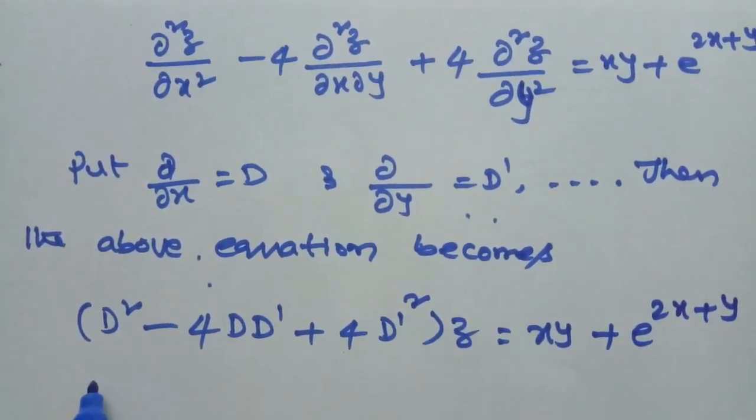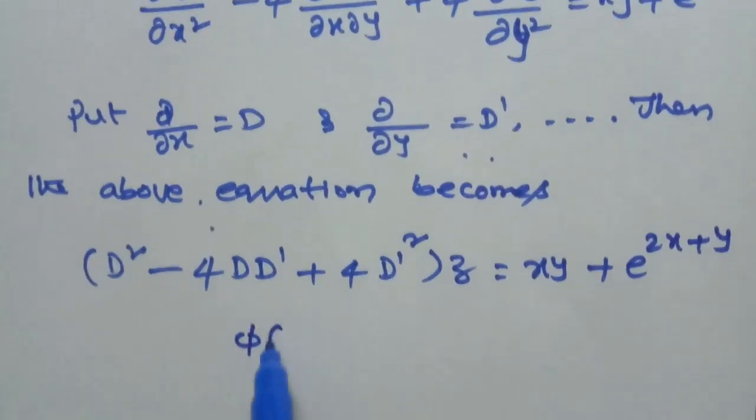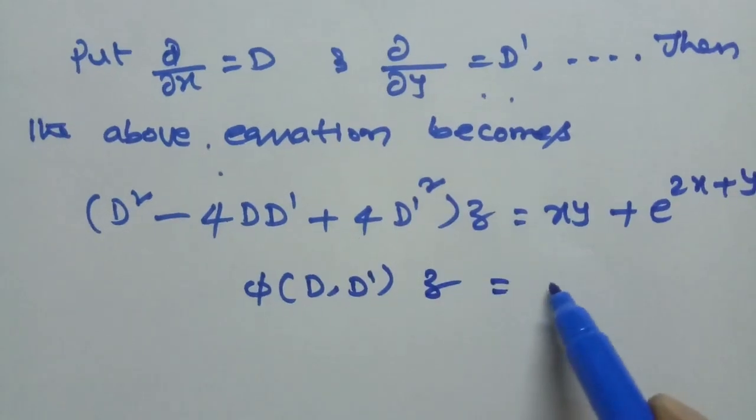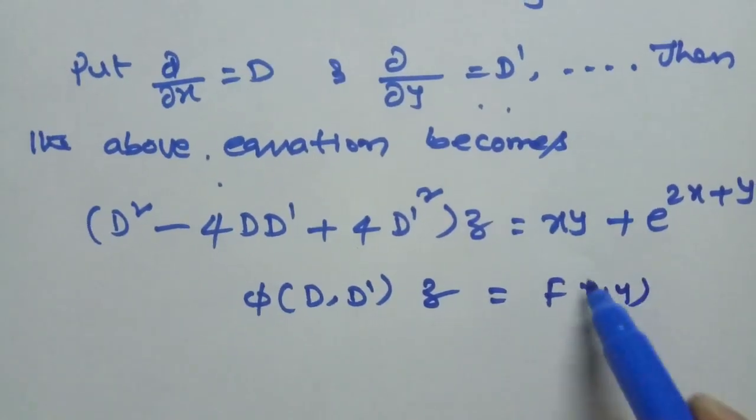Therefore, this is φ(D, D') z = f(x, y).